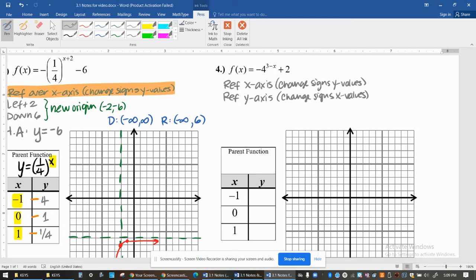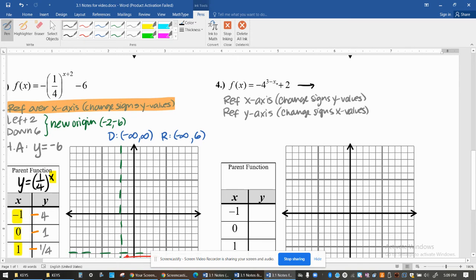Now, if you didn't catch that, I want you to notice that 3 minus x is not written in correct order. So 3 minus x is really supposed to be -x plus 3, which if written even more properly, we did this first semester, factor out the negative, it would look like this.